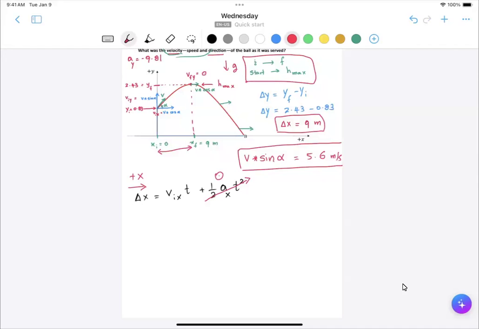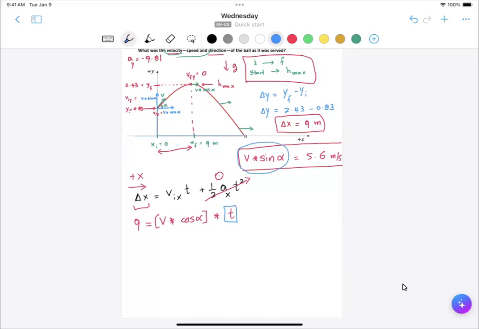And we do have delta x, that is 9 meters, equal to the initial x component of the velocity, v times cosine alpha, times t. Okay, everyone. Now we are going to get stuck. How much is the time? If I had a way to find the time, I could get the same as here.